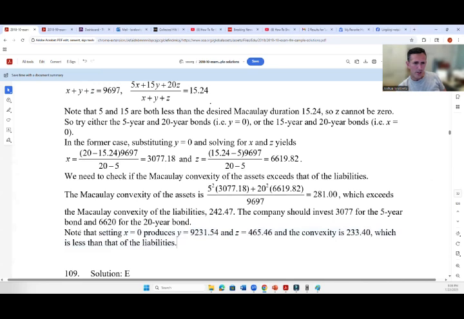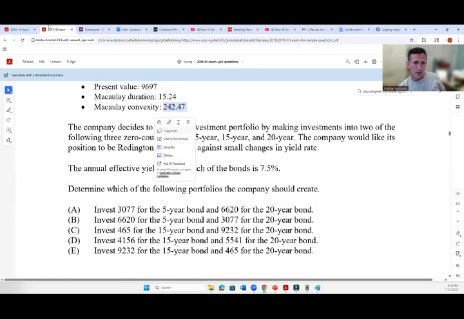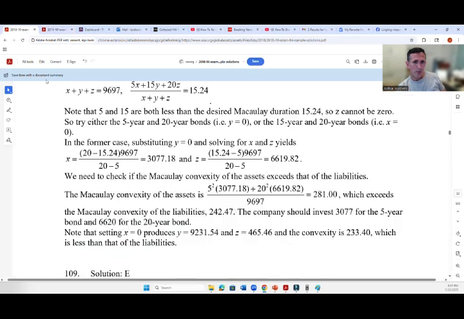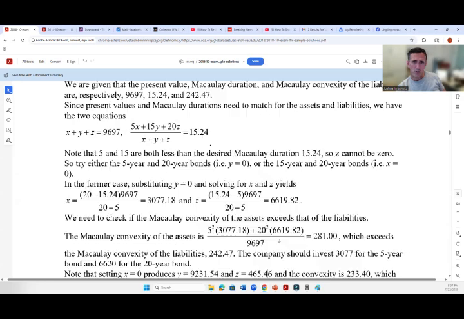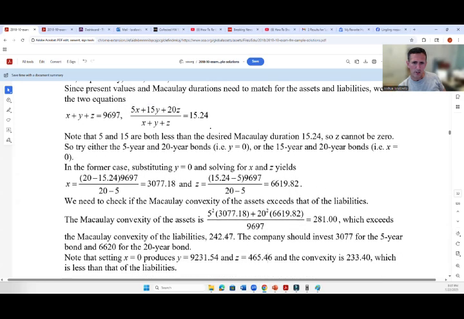So setting x to 0 gives you 92031.54465.46. That is E. So if you're wondering, does that mean E is correct? No, because you compute the convexity, you get 233.40, and that is smaller than 242.47. And it's not good. We need it bigger.